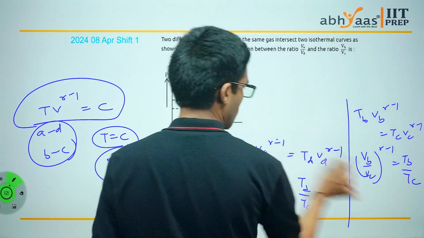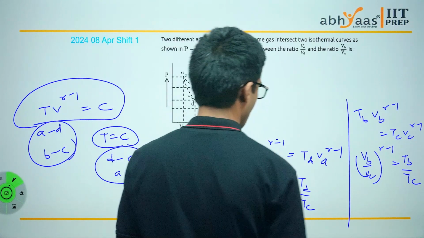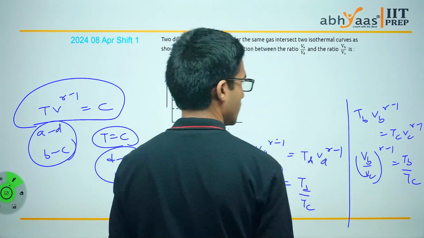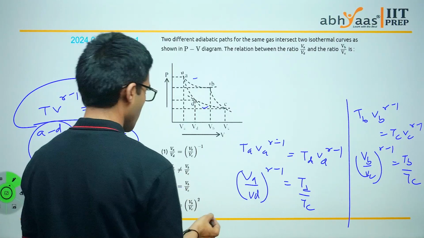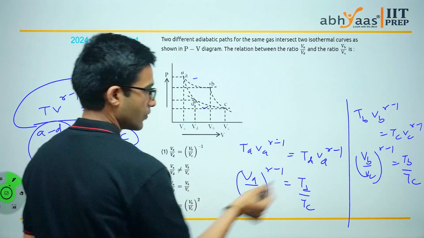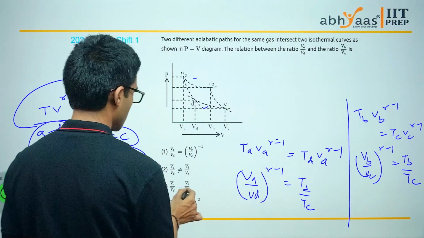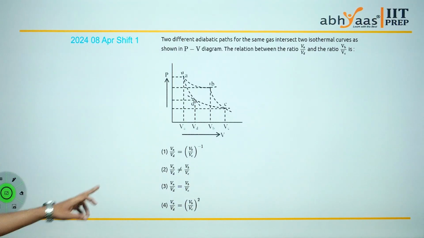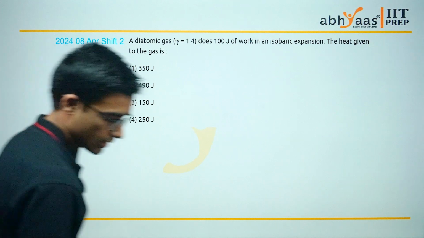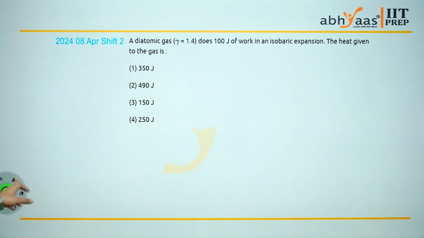But D is equal to C, and here A equals B. Then B to C. So finally what you will get is VA by VB equal to VA by VD equal to VB by VC, because these are equal. Okay, this is the answer. A simple question. The only thing is, if you know that in the isothermal process temperature is constant, then you will get the answer.